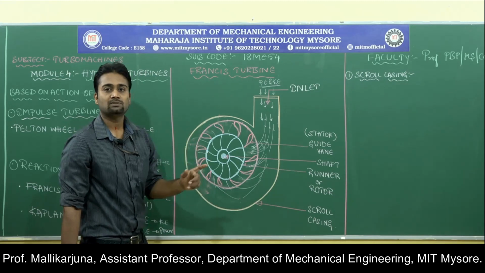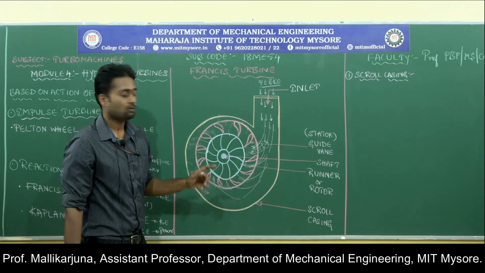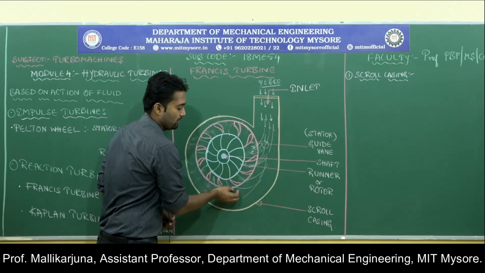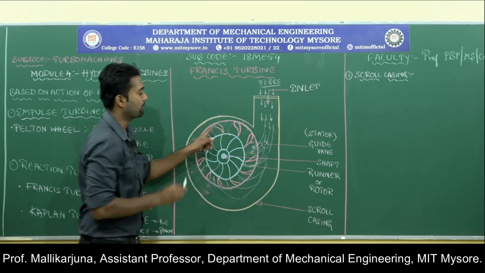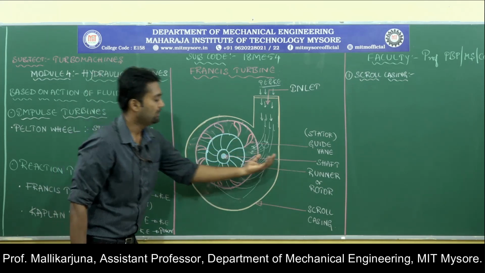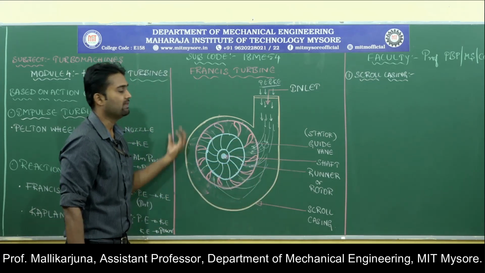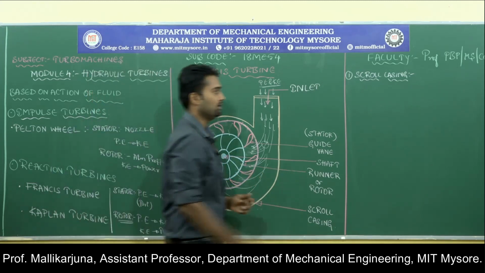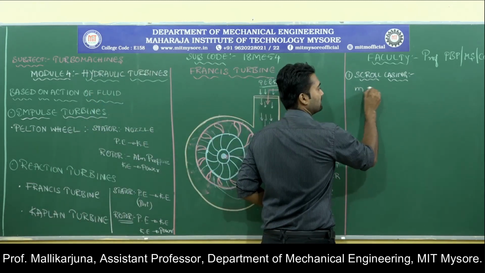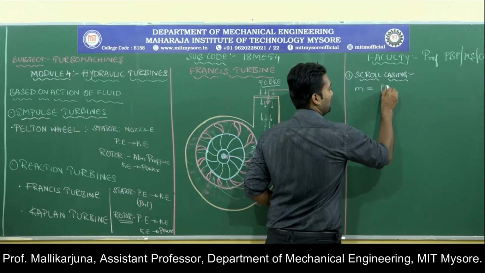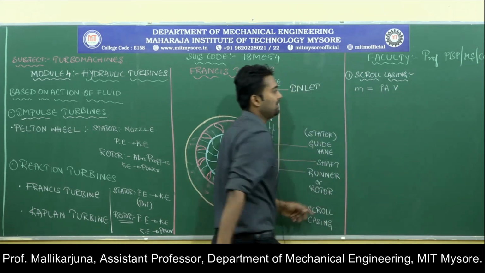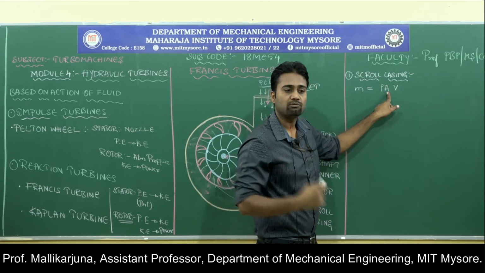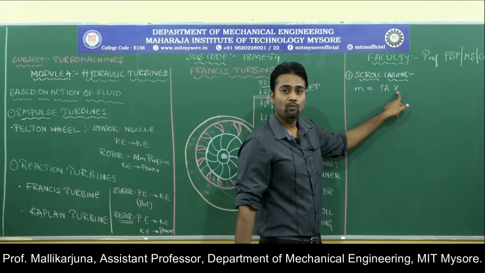But we need to keep the mass flow rate constant in order to provide the same mass flow rate through all the passages provided by the guide vanes. The passage is provided in such a way that the cross-sectional area is reducing. We need to make sure the mass flow rate is constant, which is given by rho A V, where rho is the density of the fluid, A is the area through which the fluid is flowing, and V is the velocity.